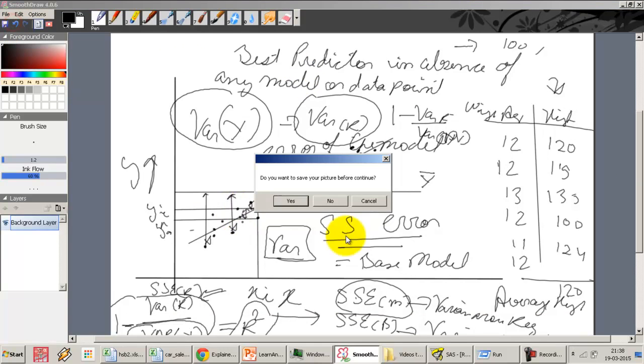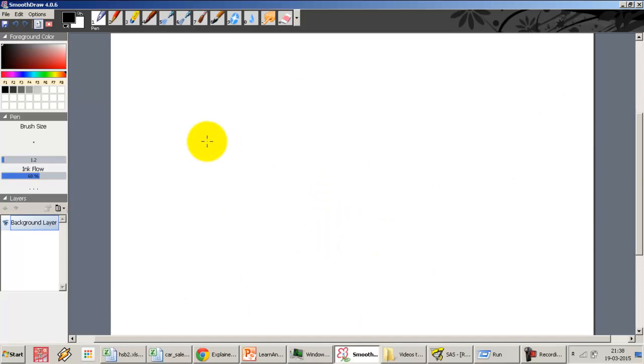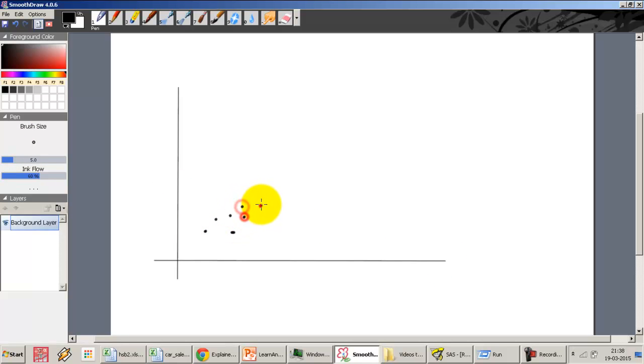So let's build a new sheet again, and I'm going to fit in those three error terms. I have my data set plotted as a scatter diagram. Let's build a scatter diagram. And there we have a scatter diagram.